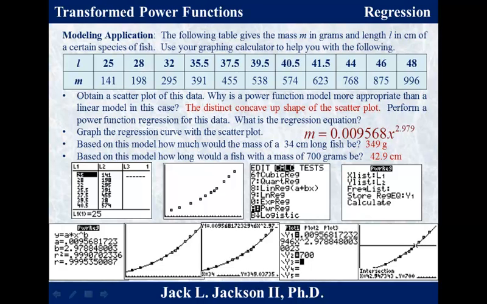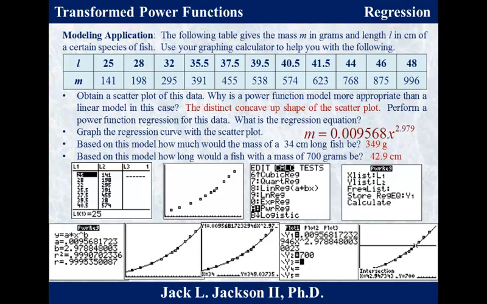And you'll see this screen down here in the lower left come up. The formula is y equals a times x to the b, and a is 0.0095681723. b is 2.978848003.